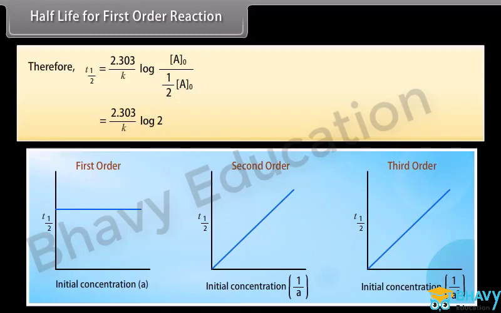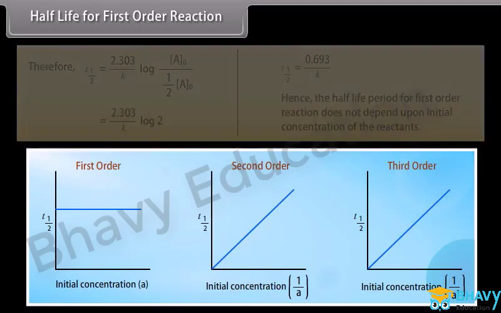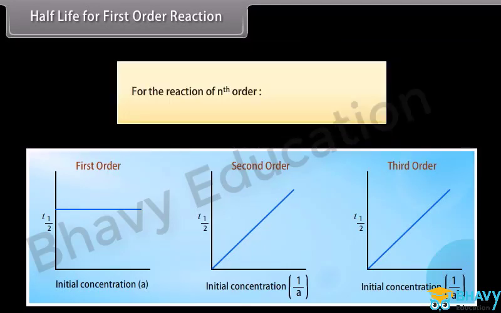T half is equal to 2.303 divided by K multiplied by log 2. It can be written as T half is equal to 0.693 divided by K. Hence, the half-life period for first-order reaction does not depend upon initial concentration of the reactants. For the reaction of nth order, T half is inversely proportional to 1 upon A naught raised to the power n minus 1.